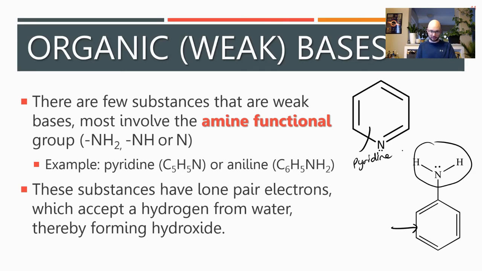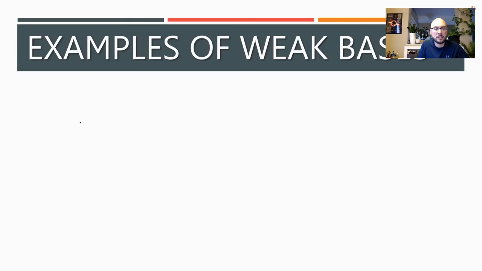Now, it's a little bit tricky because with these structures, the nitrogen might have more than one hydrogen or no hydrogen at all. We call these primary, secondary, and tertiary amines, but it's a little bit trickier to notice what's happening. So I'll give you an example. Let's imagine that we've got methylamine.